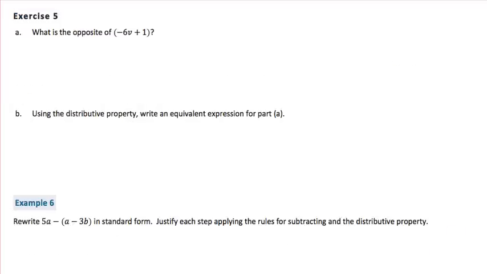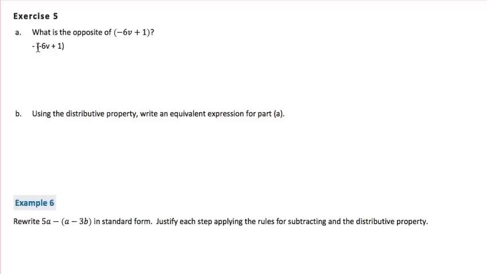Now in exercise 5, we're going to look at what the opposite of negative 6v plus 1 is. Keeping in mind that we show the opposite by making a negative sign in front of the whole expression. Now when I put that negative sign in front, it really means to take everything inside the parentheses and make it its opposite.